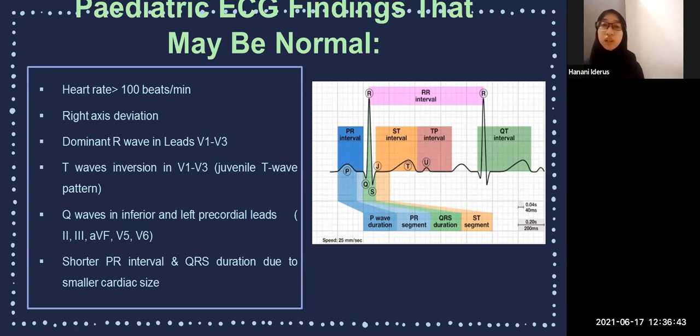They may also have T-wave inversion in V1 to V3, and this may persist up to about 6 years old, so it is considered normal. There may also be Q waves in the inferior and left precordial leads, and a shorter PR interval and QRS complex in children because of the smaller cardiac size.